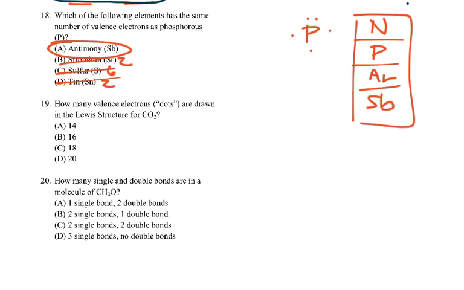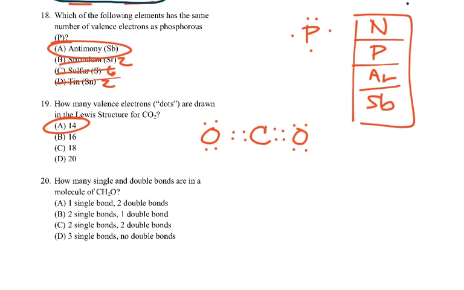19. How many valence electron dots are drawn in the Lewis structure for CO2? If we were to draw CO2, we've done this a lot, so hopefully you see that. Here's 2, and oxygen looks like that. So how many valence electrons are drawn? We have 2, 4, 6, 8, 10, 12, 14 dots.